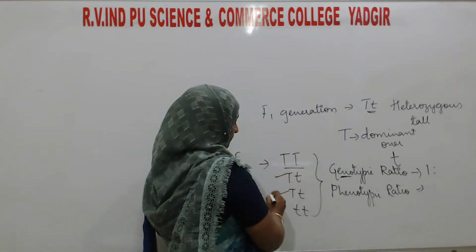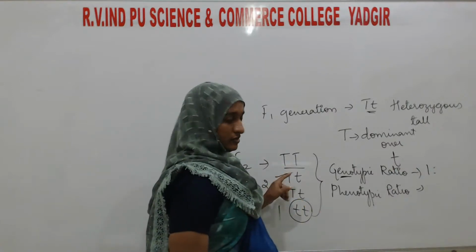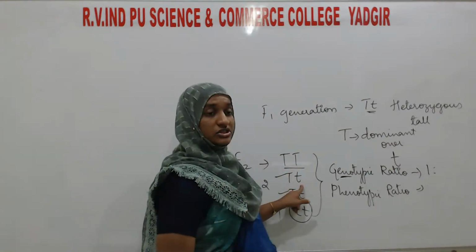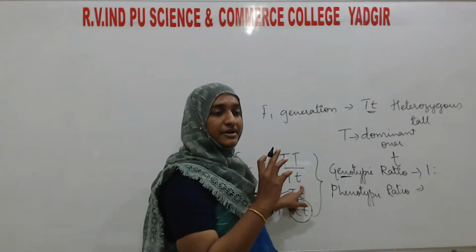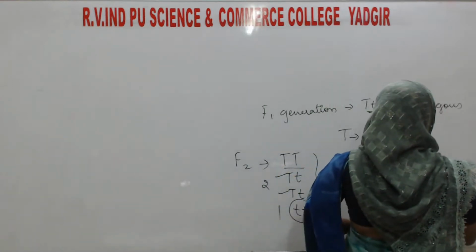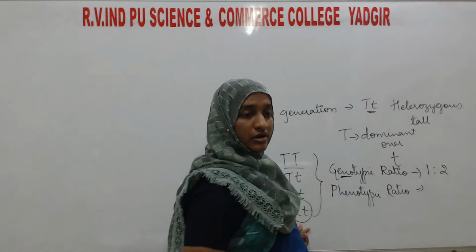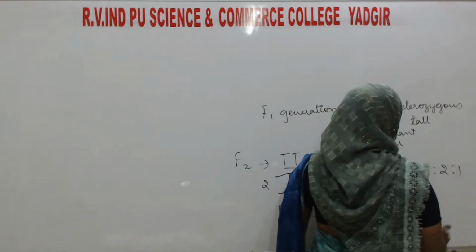Capital T small t, 2. Again, small t small t, 1. So this is according to the genes, which we are representing with the capital T and small t. So here is 1:2:1.